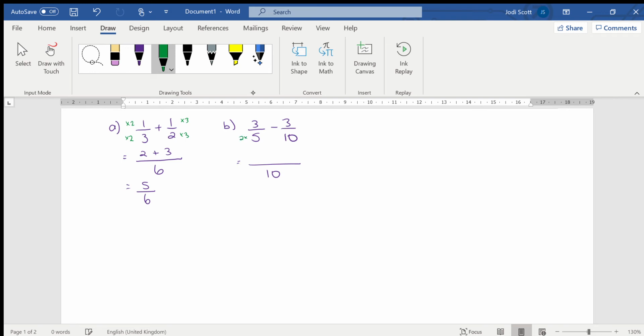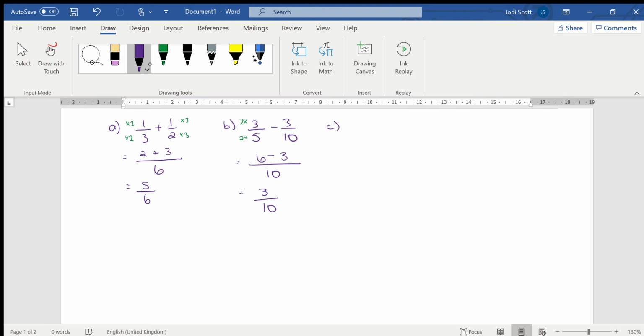So we had to do 2 times 5. So again, you're doing the same thing to the top. So 2 times 3 is 6. And for the second fraction here, we didn't have to change anything, right? The denominator was already 10, so we just get to keep the same numerator. We don't have to change anything. So then we subtract our numerators, right? 6 minus 3 is just 3 over 10, and that one's already in lowest terms.